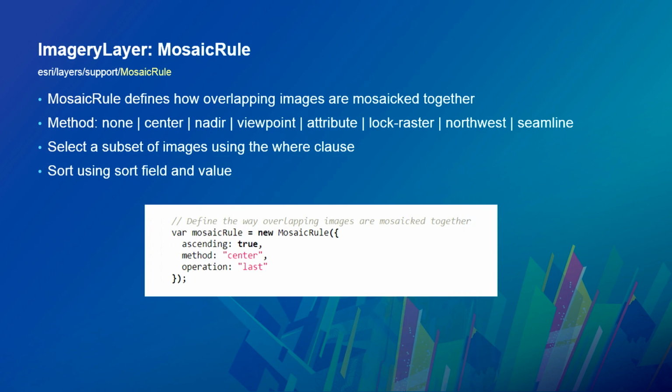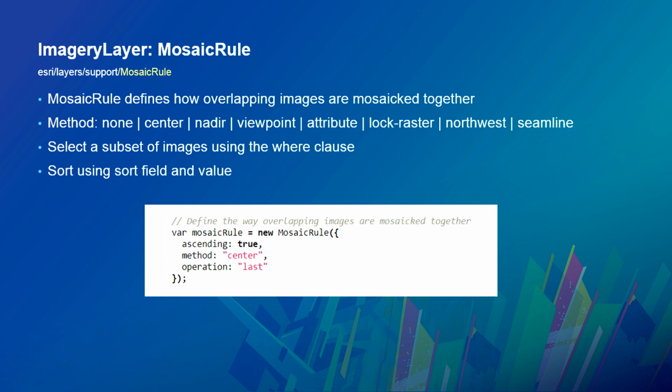Speaking of mosaic rule, since imagery layers or image services can be based on mosaic datasets that are really a collection of images, we need to be able to tell the server how to handle all of those images basically in our view. So we can narrow down the list of images that we are looking at using the where clause.